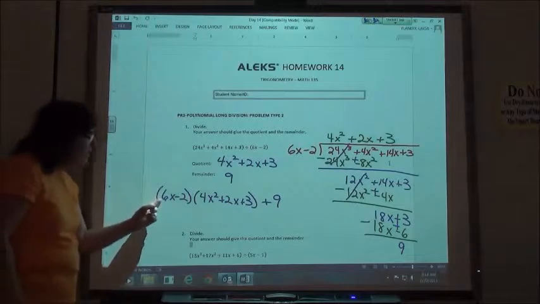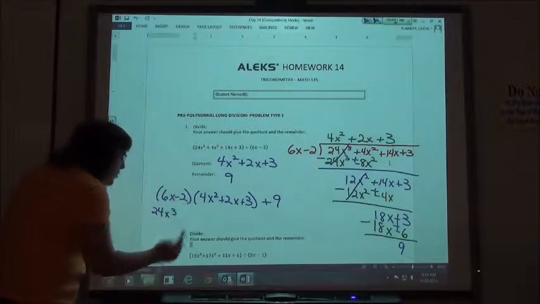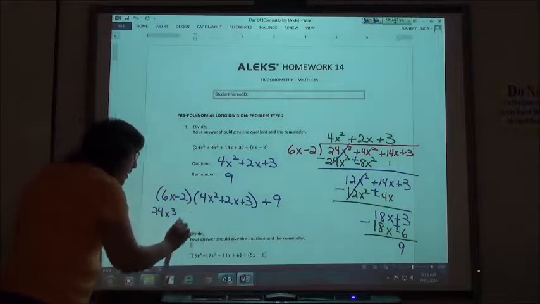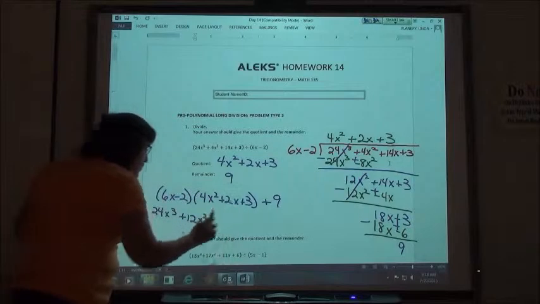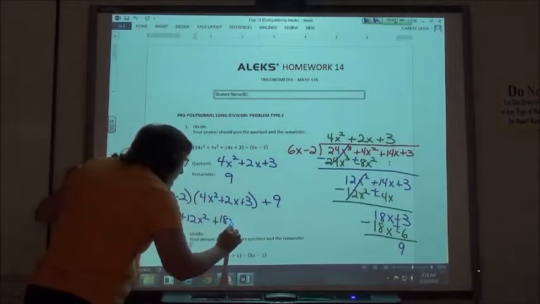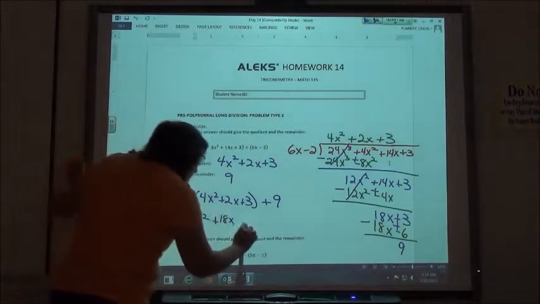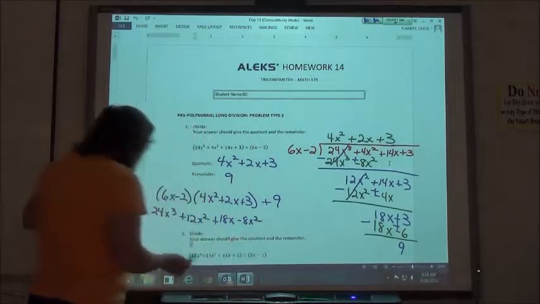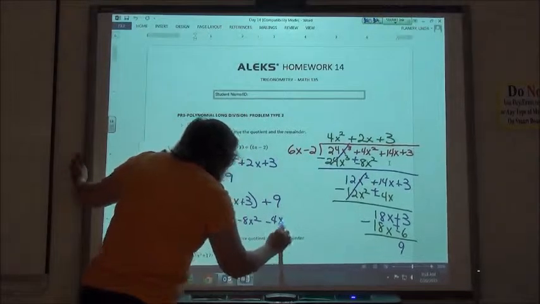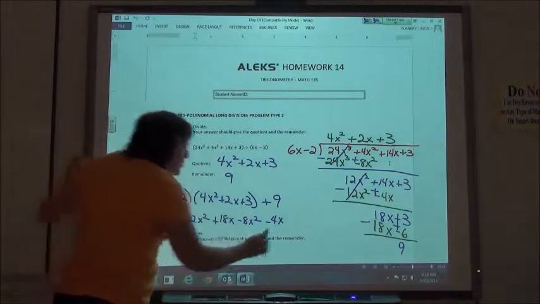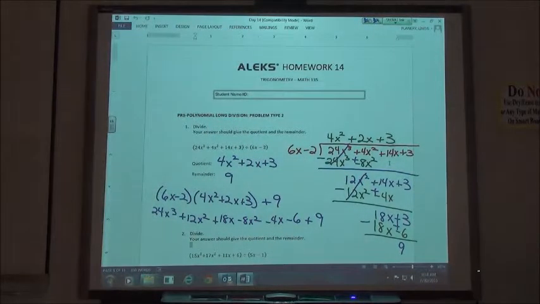So 6x times 4x squared, 24x cubed. 6x times 2x, positive 12x squared. 6x times 3, positive 18x. Negative 2 times 4x would be negative 8x squared. Negative 2 times 2x, minus 4x. Negative 2 times 3, minus 6. And then, of course, the plus 9 that was on the end.